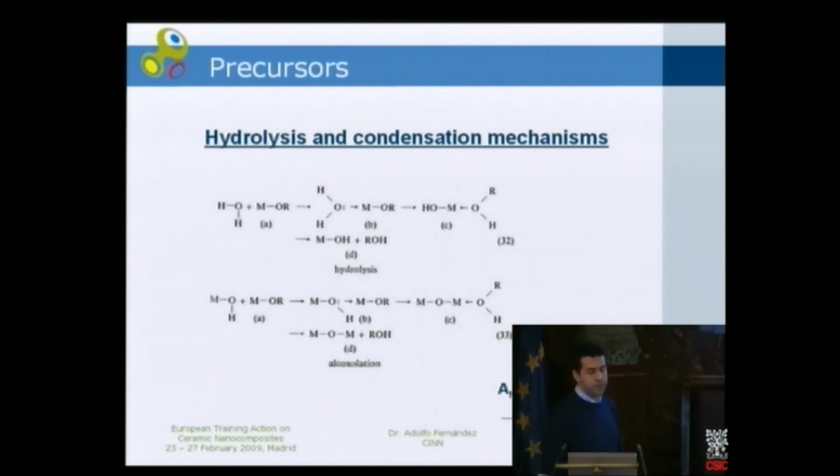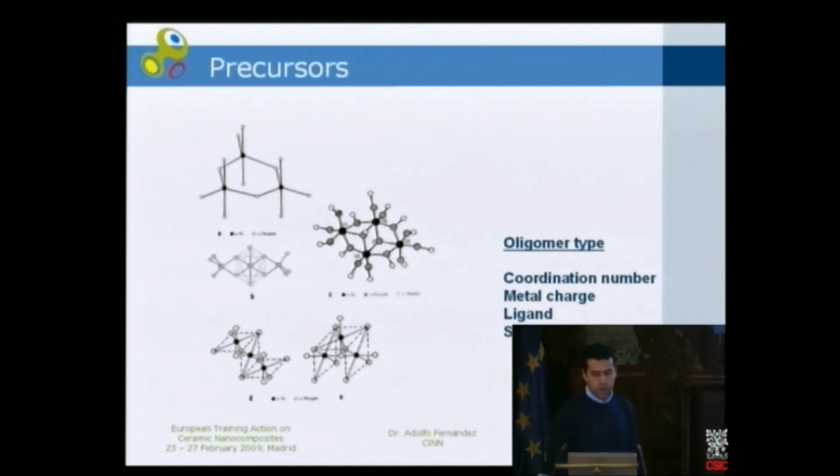The hydrolysis and condensation mechanisms are shown in this slide. Hydrolysis is only the reaction between the water molecule and the alkoxide, displacing the alkoxide group and forming a hydroxyl bond with the metallic center. If the reaction is directly with the formation of an alcohol group as the leaving group, this is called alkoxolation.